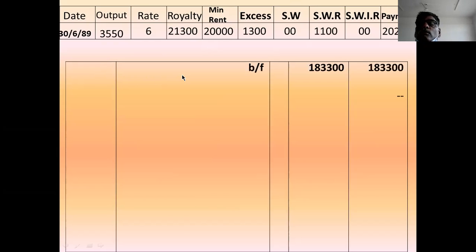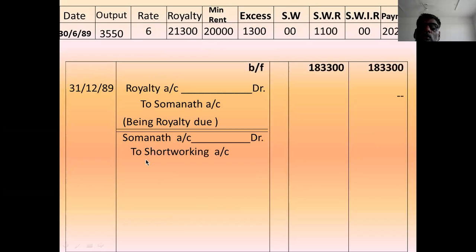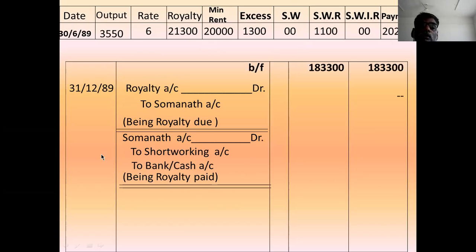This is the brought forward amount. Date, royalty account debtor to Somnath account, being royalty due. Somnath account debtor to short working, to bank account, being royalty paid. I joined the short working account here because amount is there. Second entry.